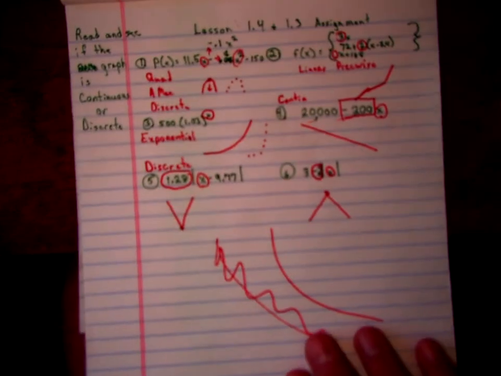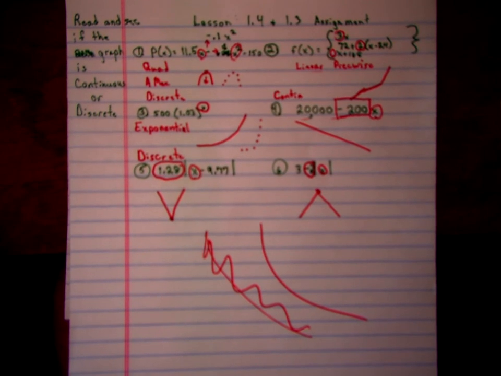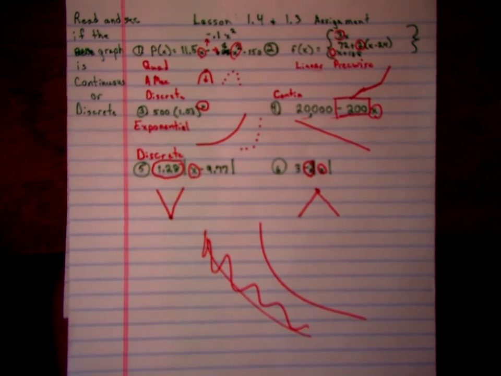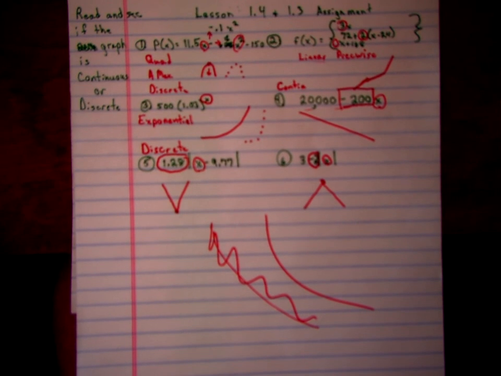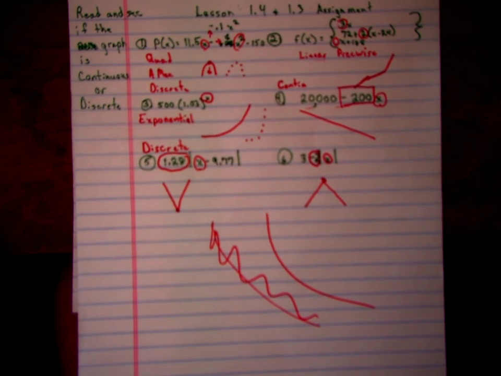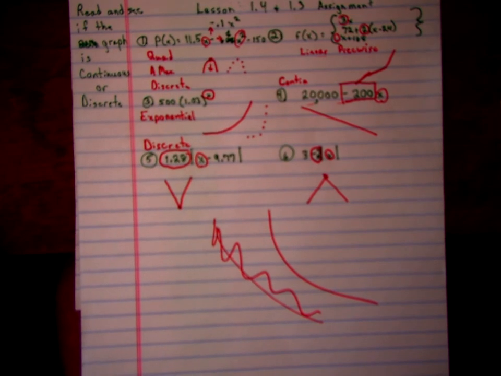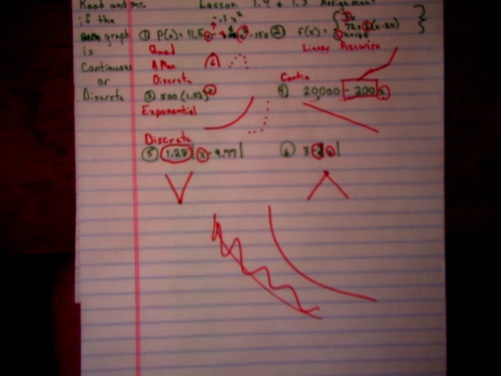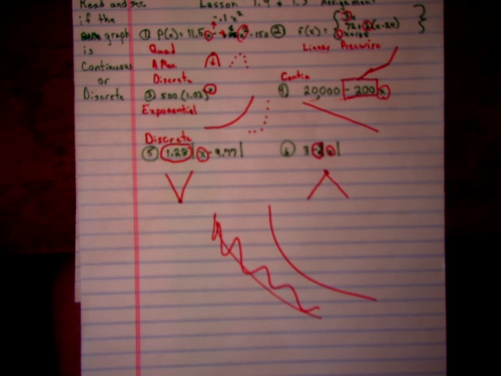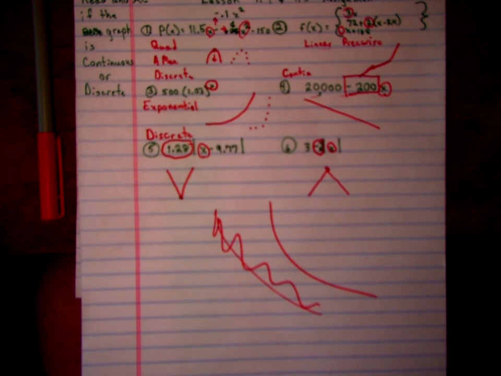Okay. So knowing what is a line, what is a curve, what is increasing, what is decreasing. These are all things that you're going to get just from the function. It's going to take some practice and studying. But being able to identify the function families is something that you have to be able to do. Okay. And then the last thing was figuring out discrete and continuous and understanding that discrete is information that's measured in individual pieces that can't be cut into pieces.